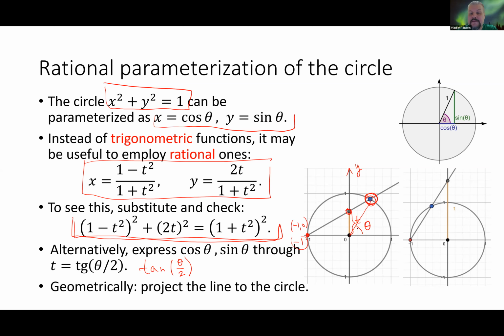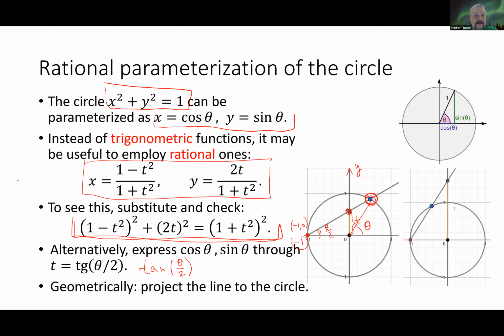It's the cosine and sine of this angle that parameterize a point of the circle. And then this angle is theta over 2. So t is the tangent of theta over 2. You may know this well, so I will not dwell on it. Is everything okay? Is it too simple? I think it's fine. Okay.